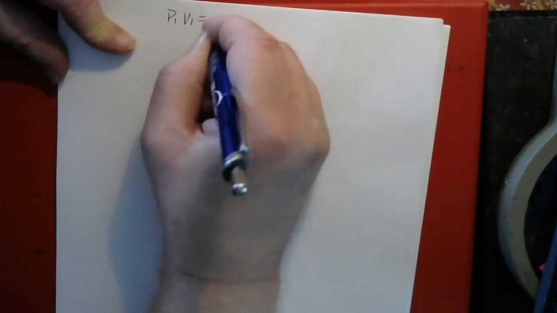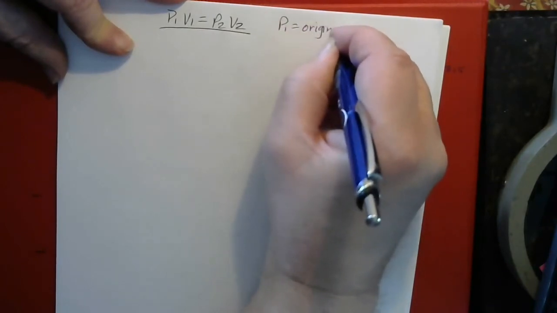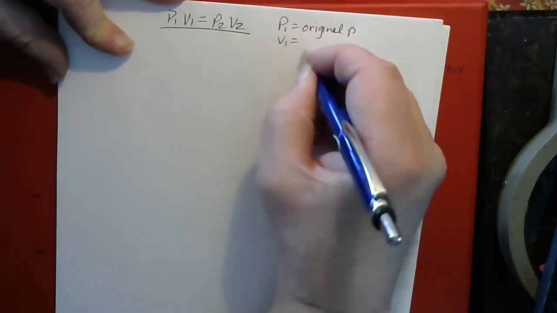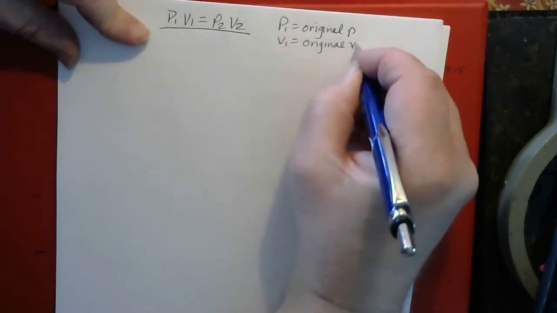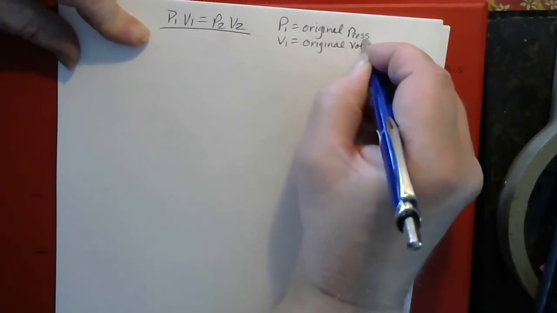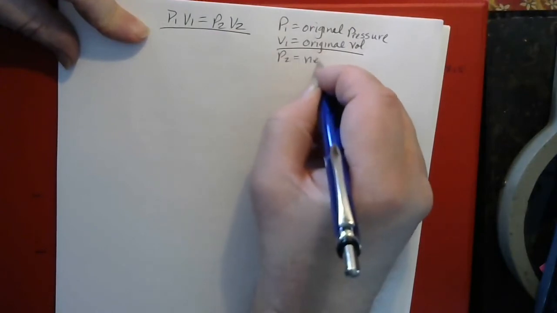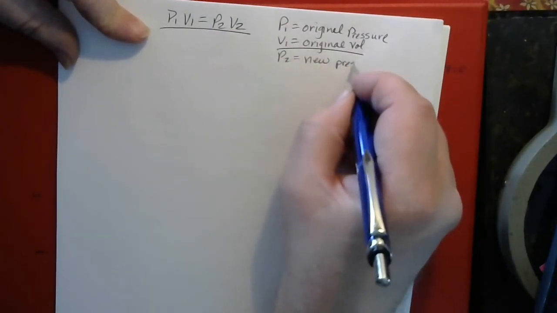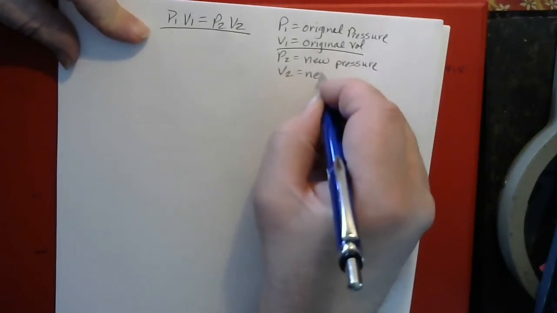So for Boyle's law, we have P1 V1 equals P2 V2, where P1 is original pressure, V1 is original volume, and P2 is new pressure, and V2 is the new volume.